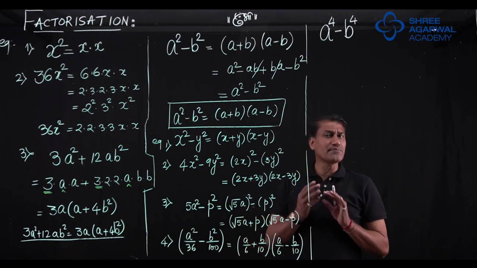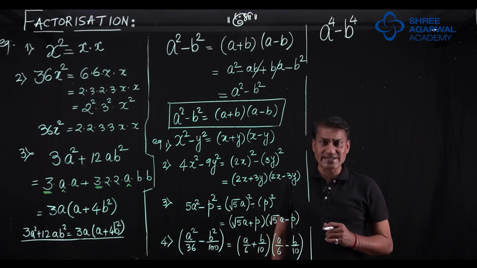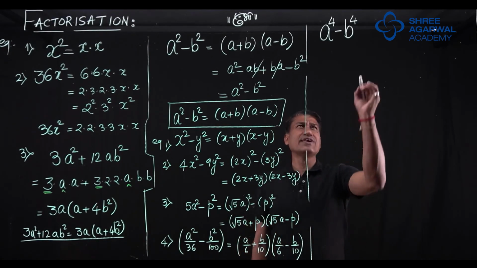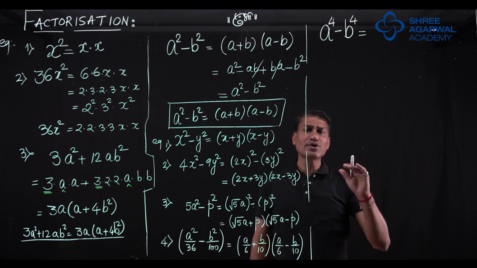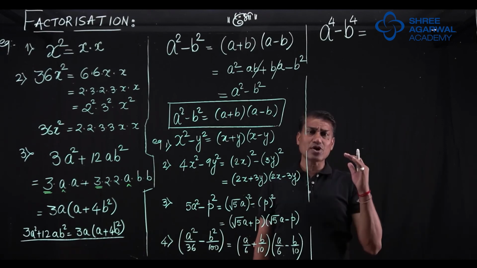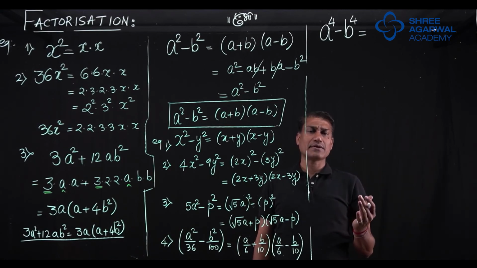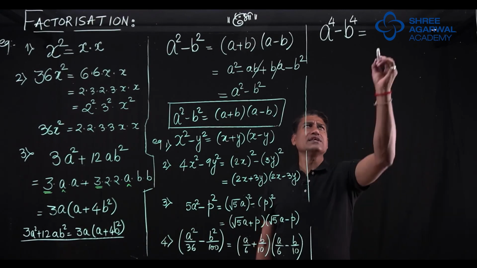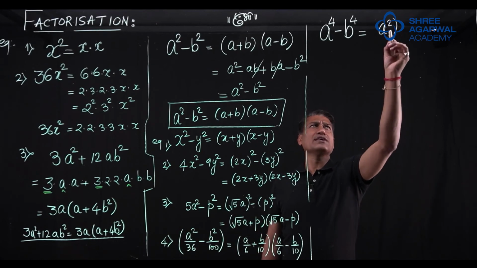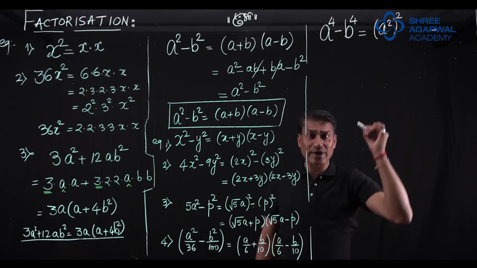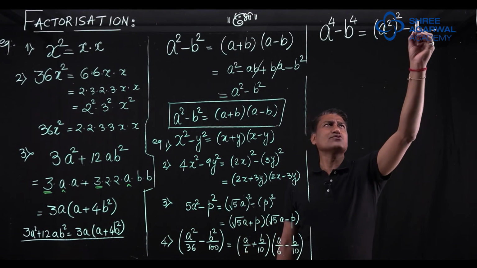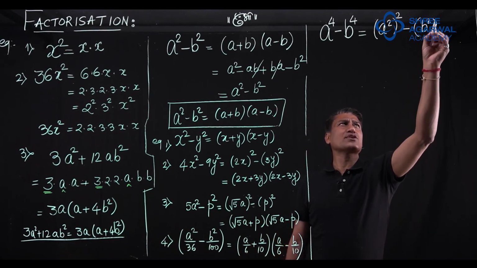Now this can be simplified by using laws of indices. What are the laws of indices? You know. So I am going to use here the law x raised to m raised to n is equal to x raised to m into n. So this a raised to 4 can be written as a square's square, and b raised to 4 can be written as b square's square.